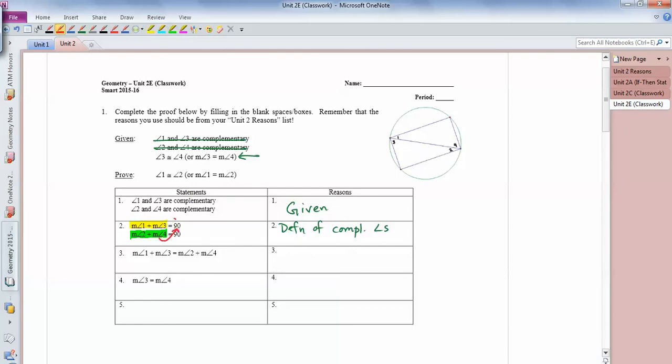So you can just plug that in right there because it equals 90. So instead of yellow equals 90 and green equals 90, I can say yellow equals green, which is what happens right here. There's the yellow equals, there's the green, right? And so when you replace like that, that's called substitution.